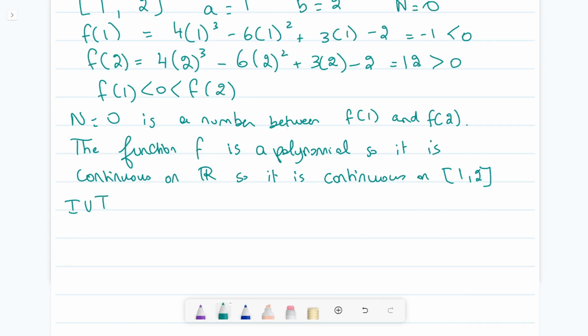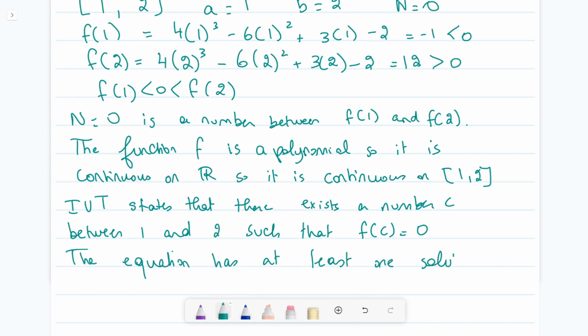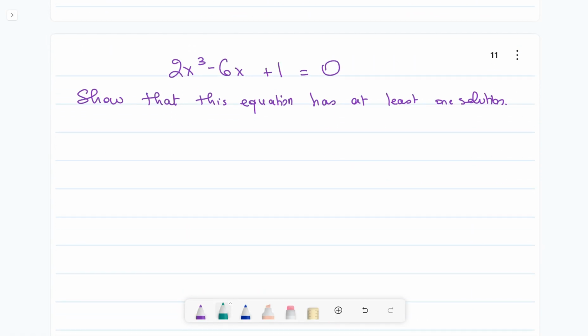IVT states that there exists a number c between 1 and 2 such that f of c is equal to 0. So the equation has at least one solution c in the open interval 1 till 2. We can write this down as 4c cubed minus 6c squared plus 3c minus 2 equals 0.